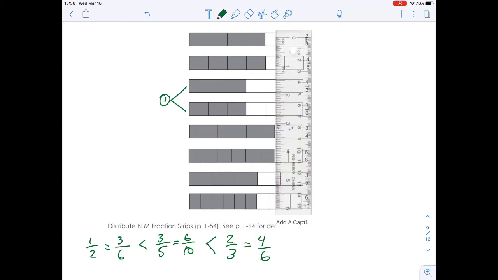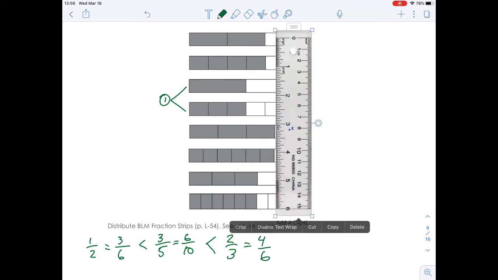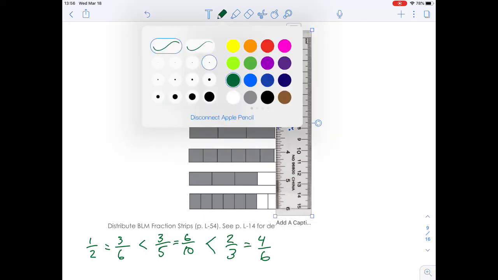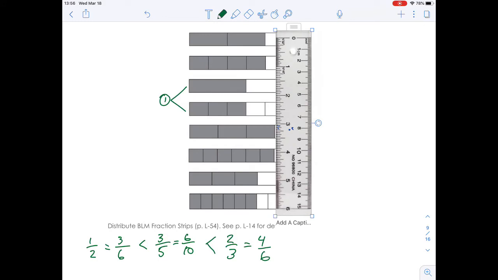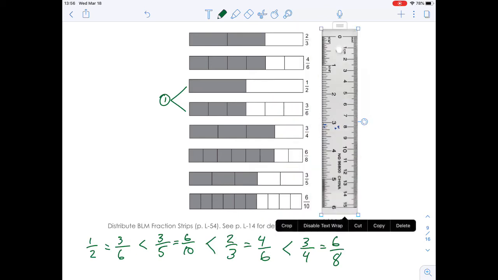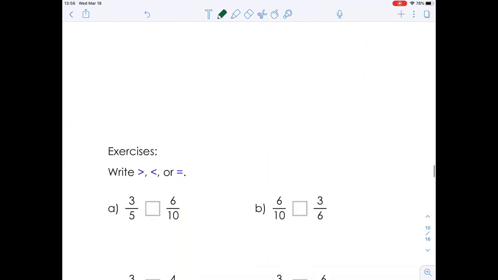And finally 3/4 and 6/8. Now my pen doesn't want to work. There we go. 3/4 is equal to 6/8. So these should help us answer the questions down here below.